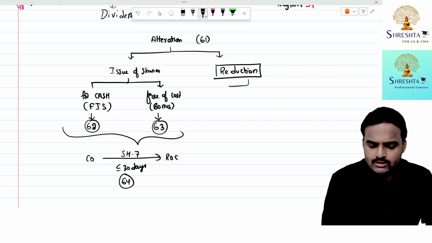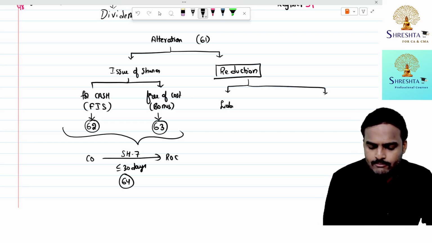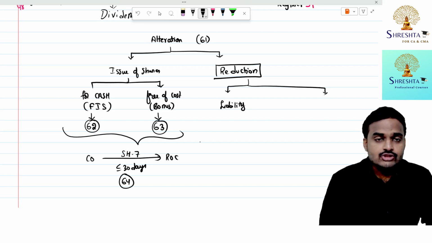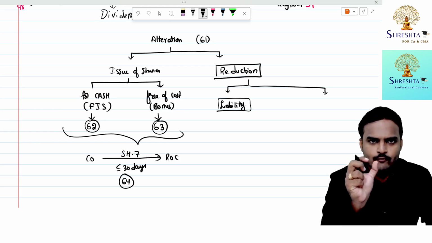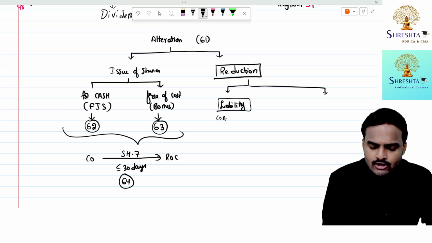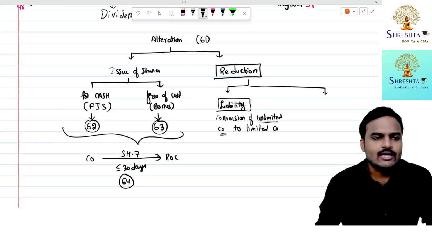See, reduction is of two types. Reduction of liability of members of the company. The original section name is conversion of unlimited company to limited company. Generally, members of an unlimited company will have unlimited liability.